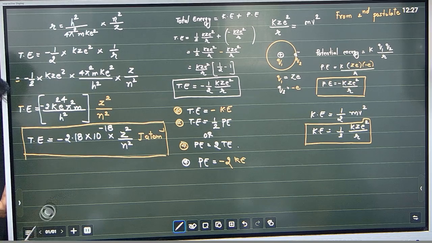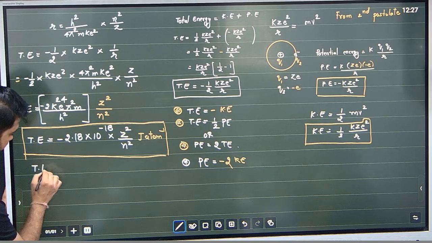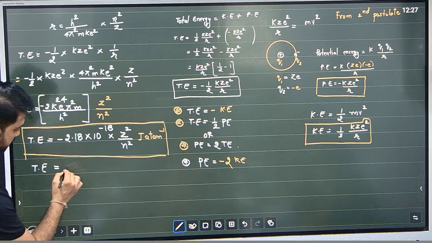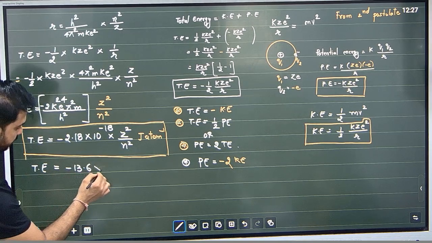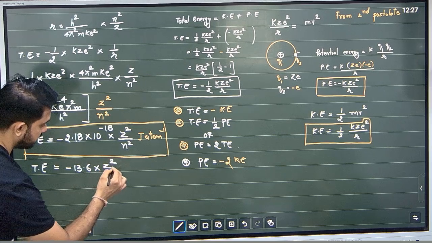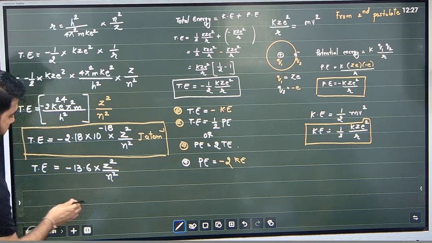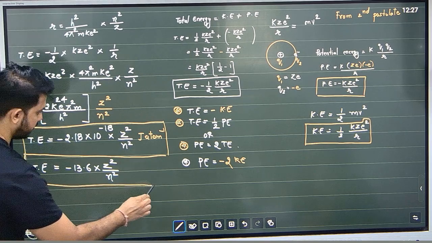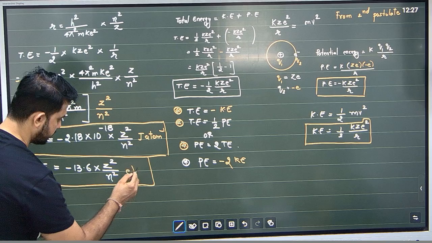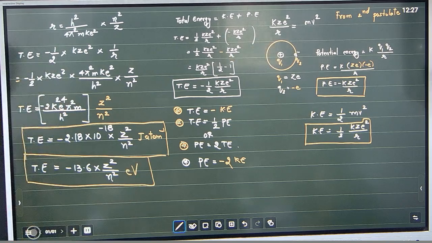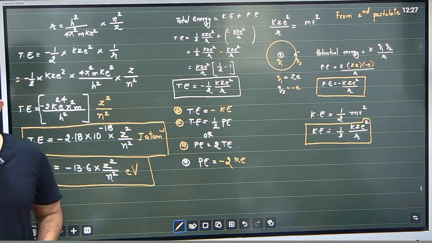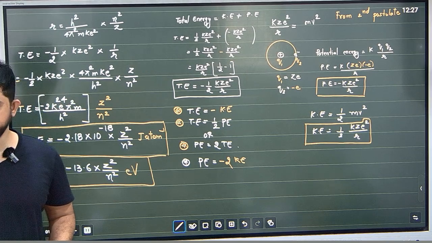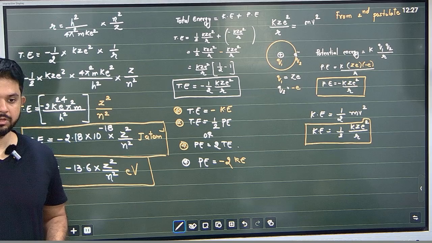And if you want to calculate this in terms of electron volts, minus 13.6 into z squared upon n square electron volt. With me till here? Chalo.